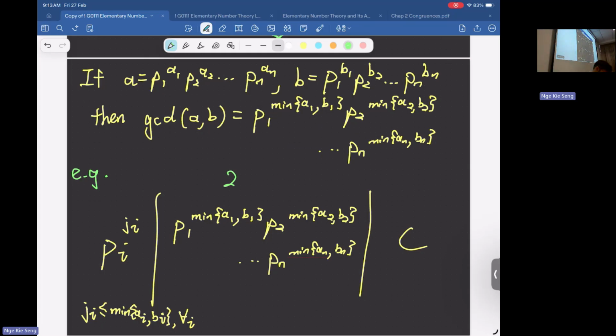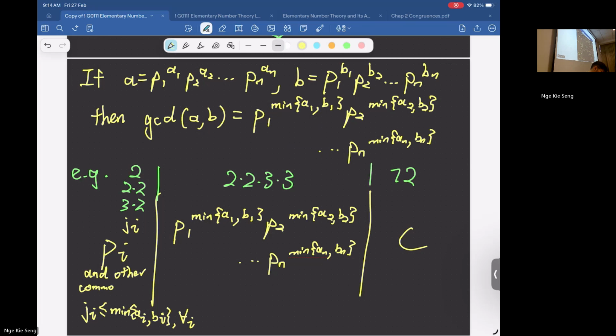Let's say 2 times 2 times 3 times 3 divides 72. Obviously 2 will divide 72, 2 times 2 also divides 72, 3 times 2 as well, and all the other possibilities as well. So the GCD is taking care of all the common divisors.